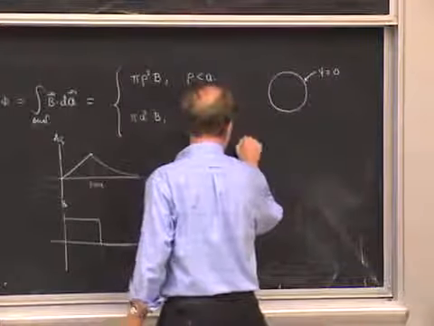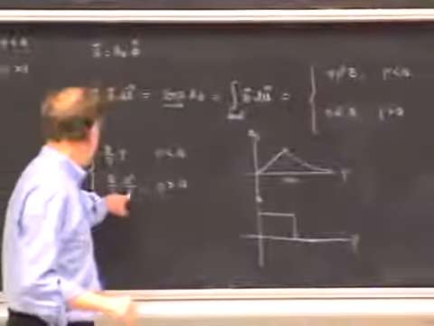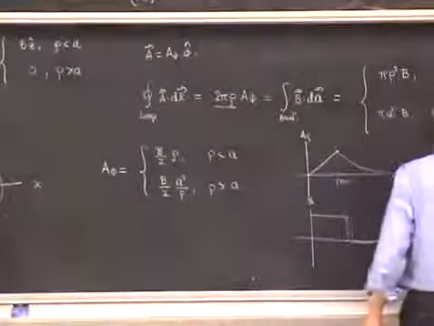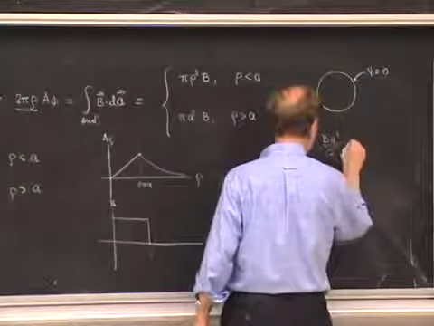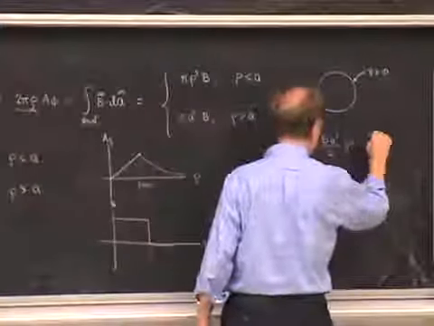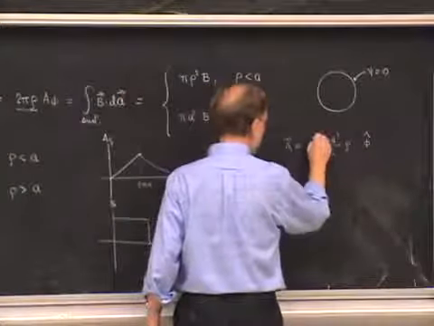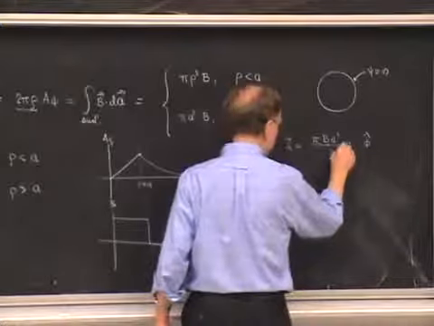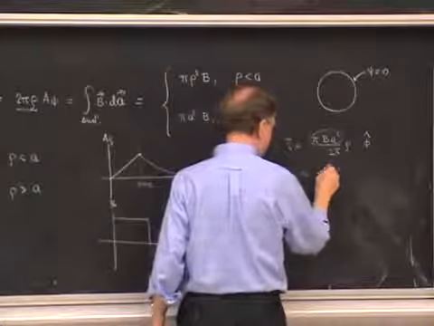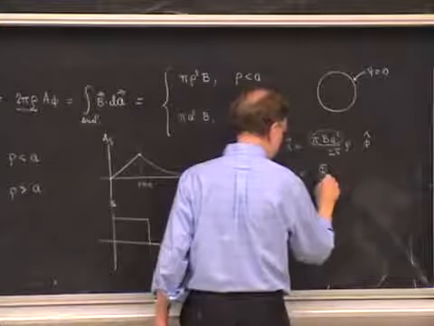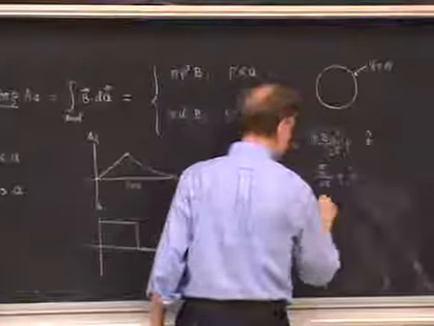So the vector potential we've got is this one here, this phi component. Now let's talk about the exterior region. It is B A squared over 2 times rho times phi hat. Then we multiply numerator and denominator by pi, because then pi A squared B is the magnetic flux inside the solenoid, so it's Phi over 2 pi times rho times phi hat.